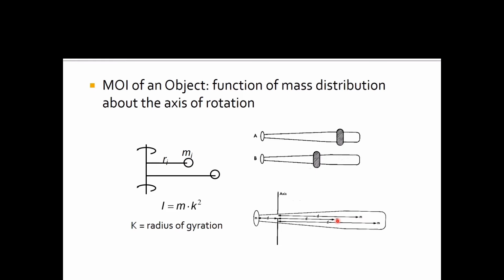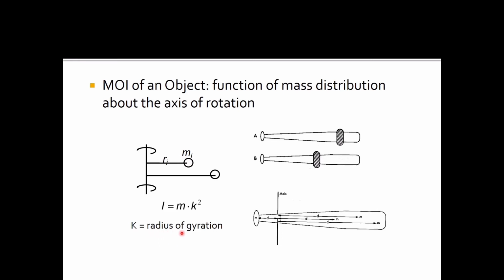But actually that's impossible. Theoretically it's correct, but it's impossible to find all the small mass particles' moments of inertia and then add them up. That's why, to simplify the calculation, we have to use the concept of what?